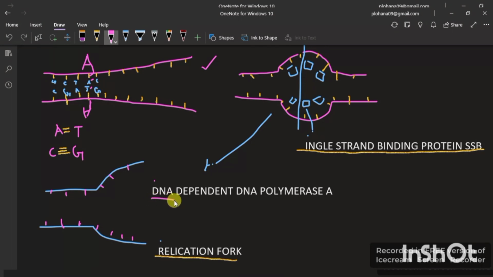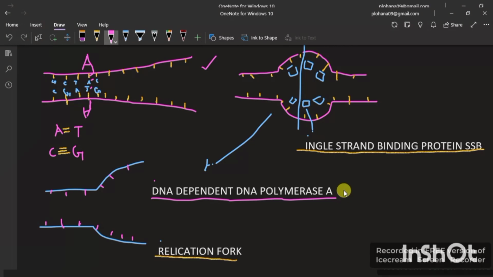So first of all, we will be getting an enzyme which is DNA dependent DNA polymerase A. Why is it DNA dependent? Because this enzyme is dependent on the DNA. It will make its own copy. That's why it is known as DNA dependent DNA polymerase. And A, because we do have different types of this enzyme.